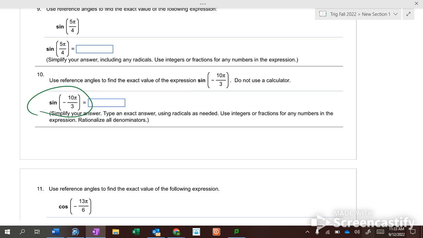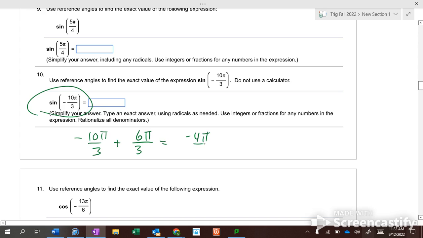Well, we have to use coterminal angles. So negative 10 pi over 3. What over 3 am I going to add to it? 2 pi, but not 2 pi over 3. 2 pi is the same as what over 3? 6 pi over 3. I add 6 pi over 3 and get negative 4 pi over 3.